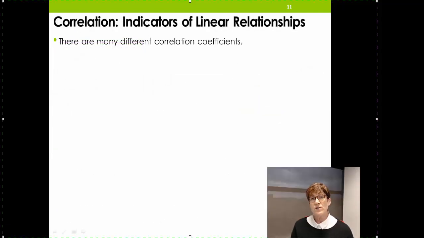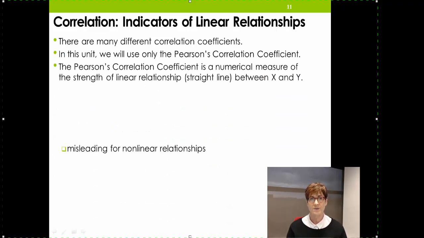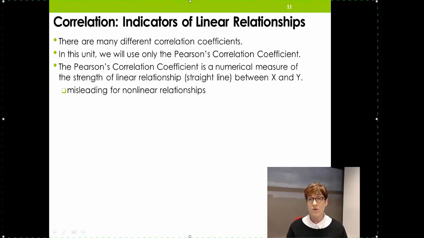That was looking at a scatter plot, a visual representation of the relationship between the two variables. We also have a number, a correlation coefficient, that can help us describe the strength of the linear relationship. There are many different correlation coefficients, but in this unit we will only use Pearson's correlation coefficient. It is a numerical measure of the strength of linear relationship between x and y.